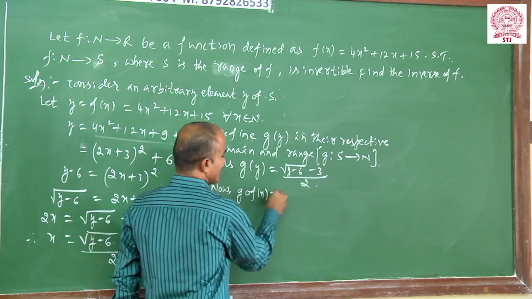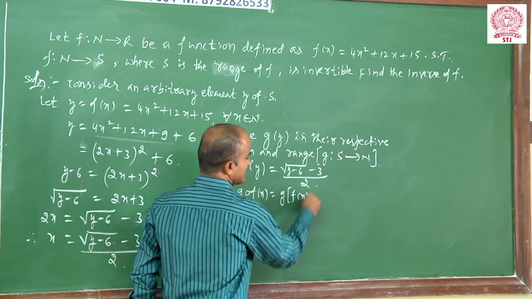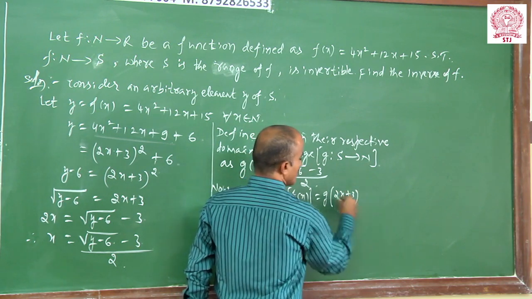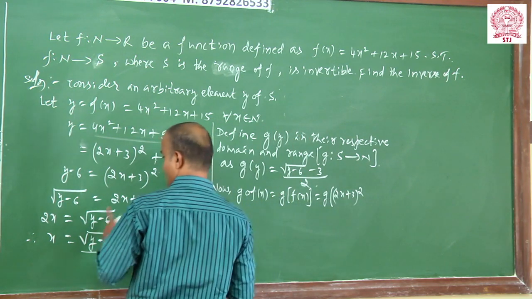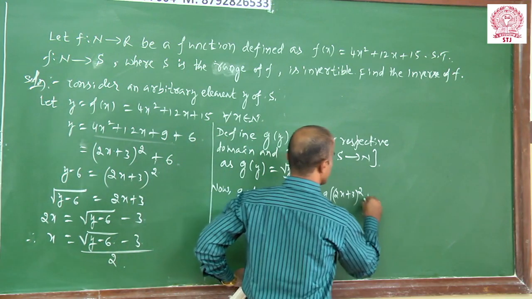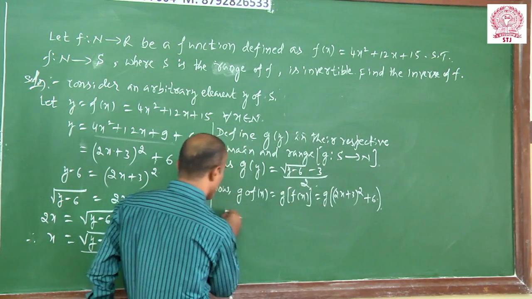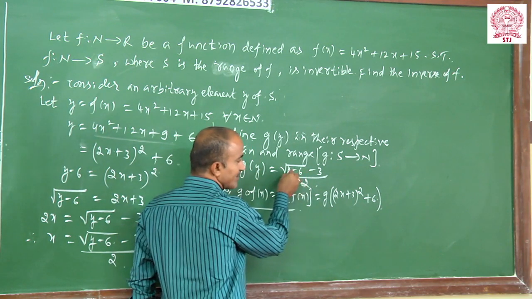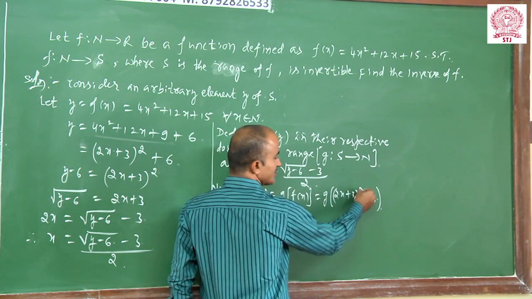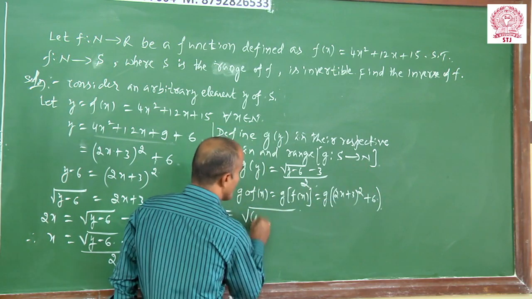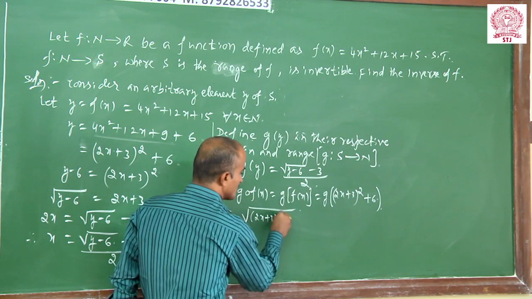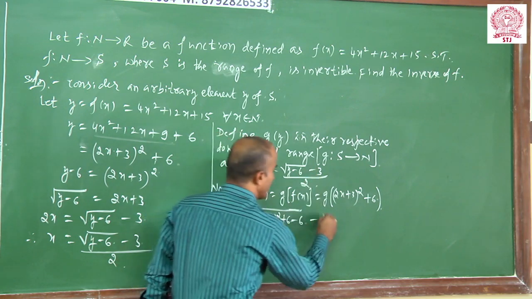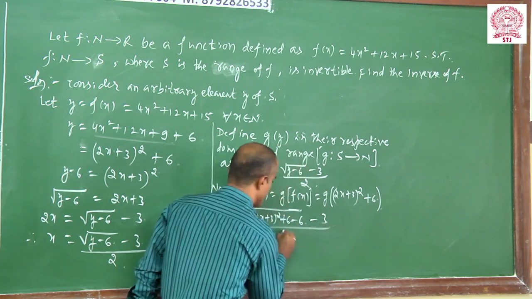Now we shall consider g∘f of x, where it is g of f of x. What about g of f of x? Where f of x is (2x plus 3) whole square plus 6, and g of y is root of y minus 6 minus 3 by 2. Wherever y, replace that by (2x plus 3) whole square plus 6. We have root of (2x plus 3) whole square plus 6 minus 6, minus 3, whole divided by 2.